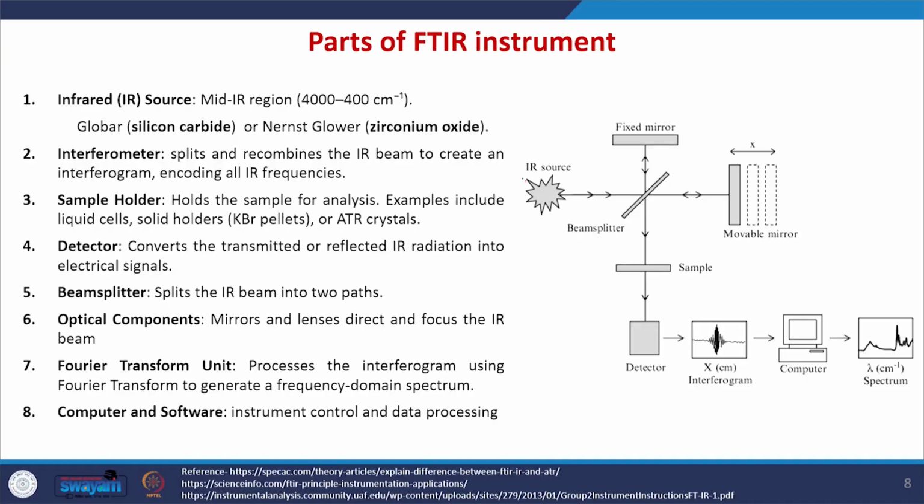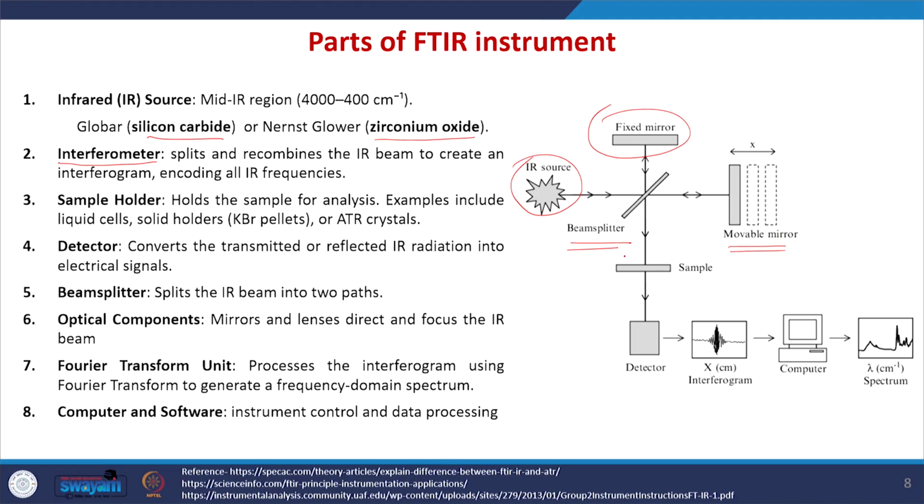Let us learn about the parts of the FTIR instrument. The first one is the IR source, and we can use silicon carbide or zirconium oxide. And the next one is the interferometer. The interferometer is the main component of an FTIR spectrophotometer. It includes three key parts. One is a beam splitter, another one is a stationary mirror, and the next one is a movable mirror.